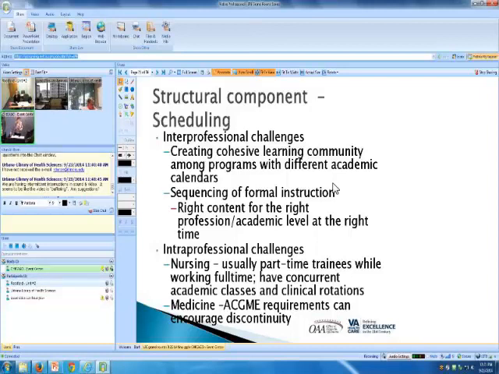So how do we sequence the formal instruction? I'll give you an example. There was formal instruction being done on one of the sites on shared decision making, and they used an example of a patient who had hepatitis C. They were talking about treatment to learn some of the techniques of shared decision making.